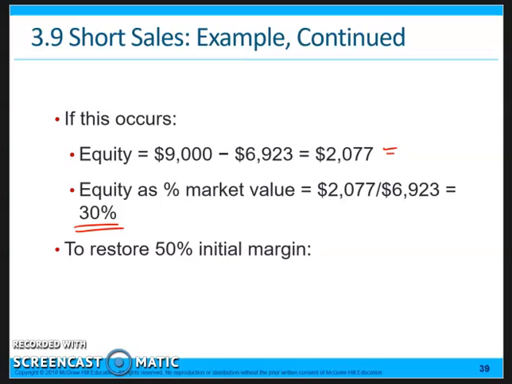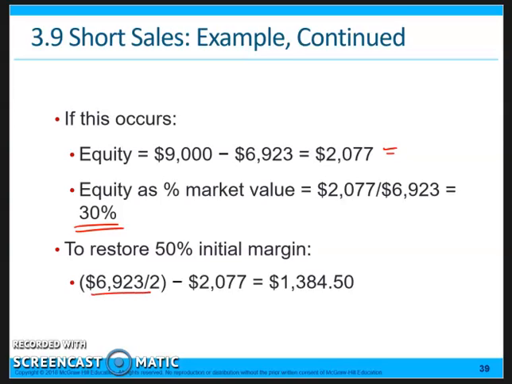To restore the initial margin, you take the 69.23 divided by 2 and subtract your equity, and you'd have to add $1,384.50 to restore the initial 50% margin.